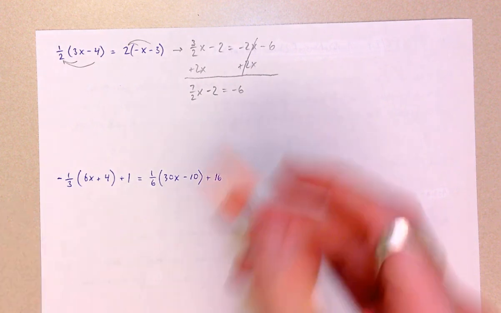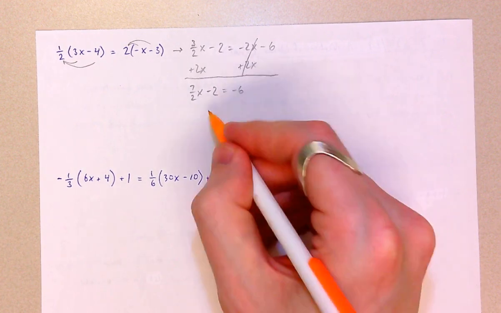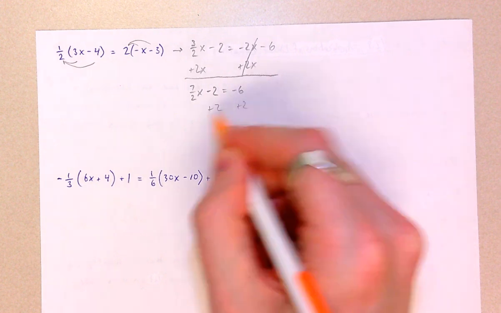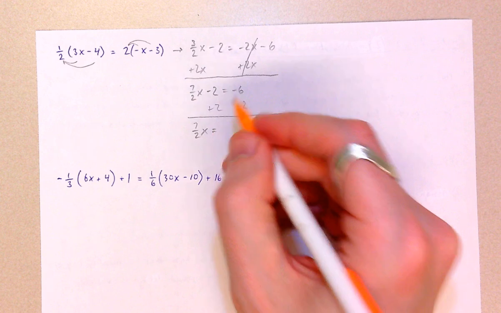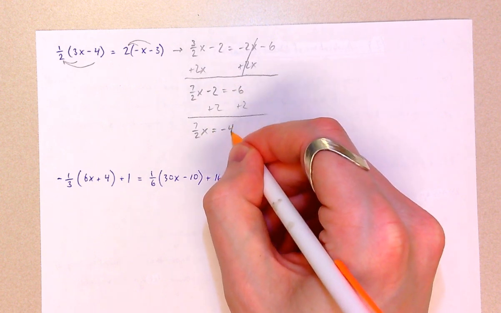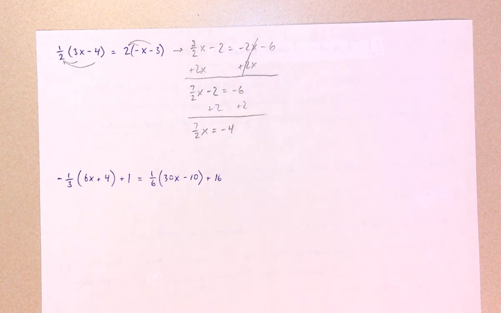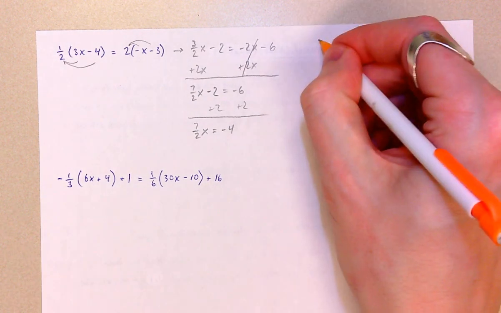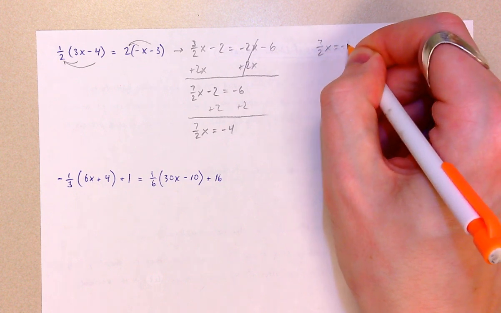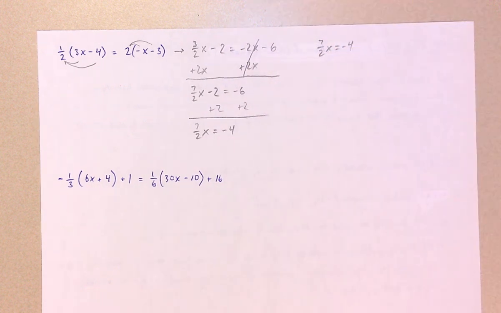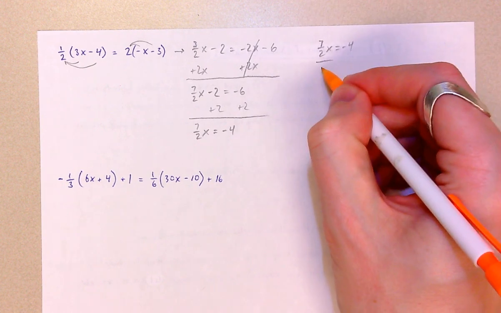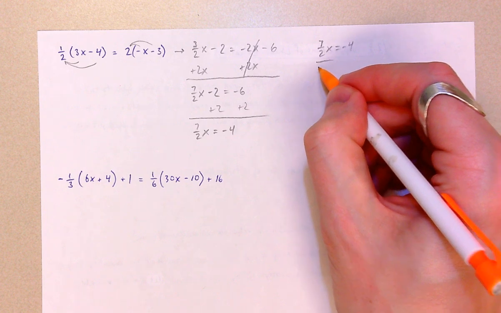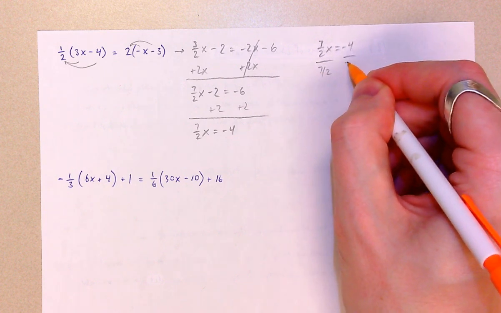And now I want to have just constants on my right-hand side. So to do that, I'm going to add 2 to each side. And negative 6 plus 2 is equal to a negative 4. So now, solving for x, I'll divide by this fraction, divide by 7/2 on both sides.